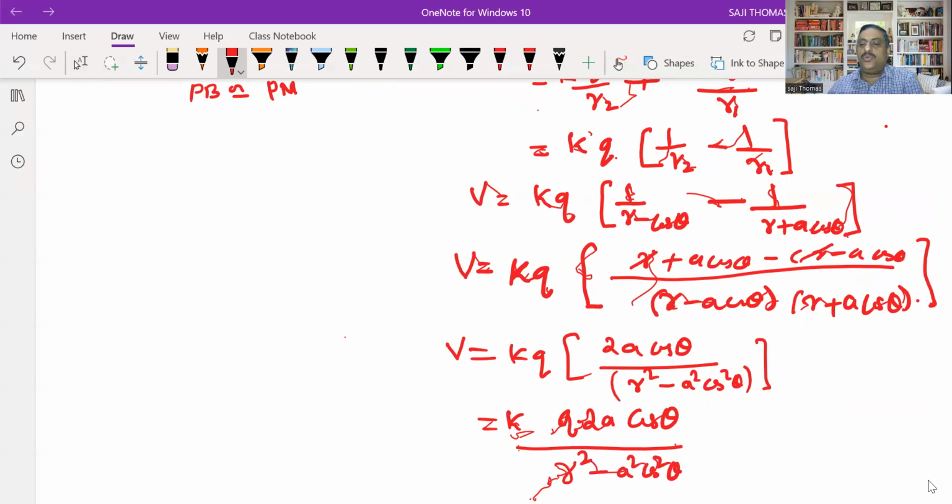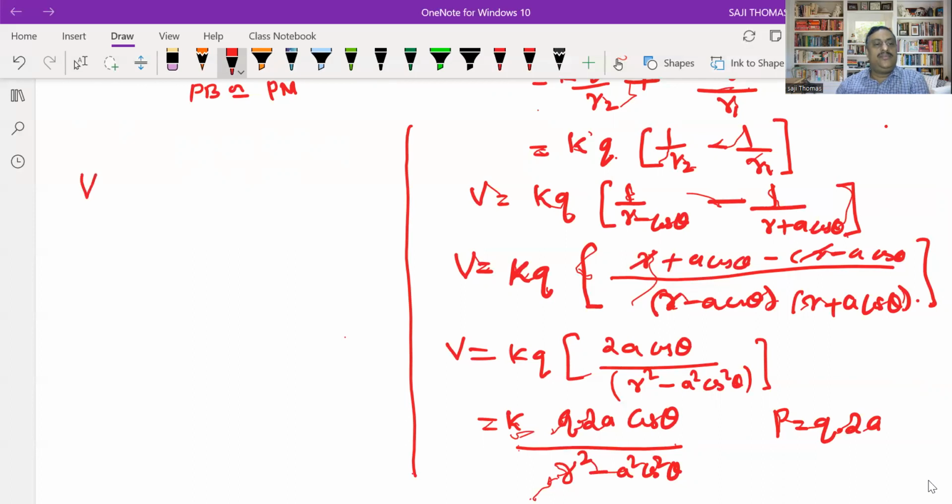But you know, Q into 2A is dipole moment, P. So what is the equation for potential? V equals K P cos theta divided by R square minus A square cos square theta.